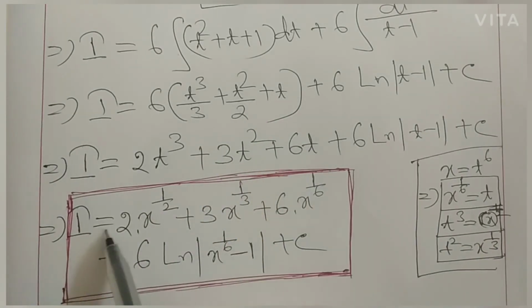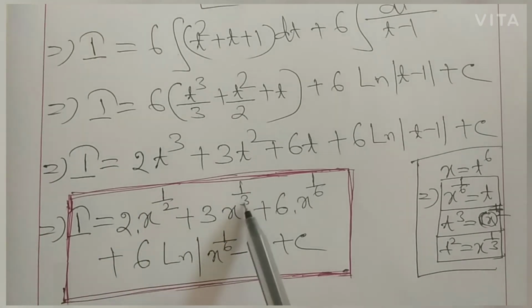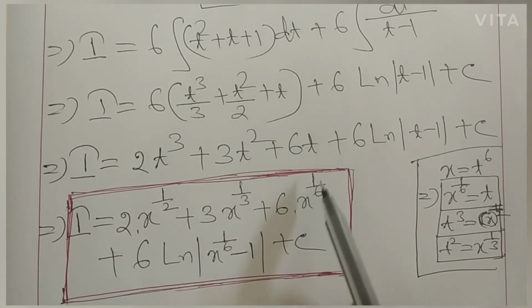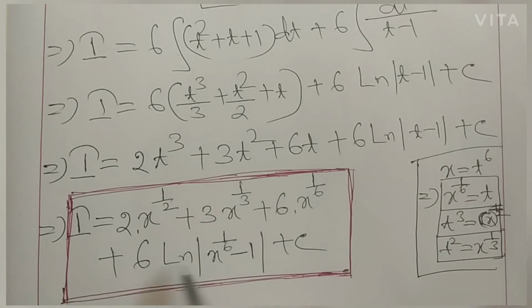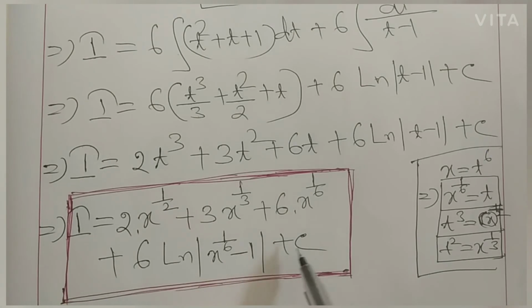And this implies I is equal to 2 into x to the power 1 by 2 plus 3 into x to the power 1 by 3 plus 6 into x to the power 1 by 6 plus 6 into ln modulus of x to the power 1 by 6 minus 1 plus c.